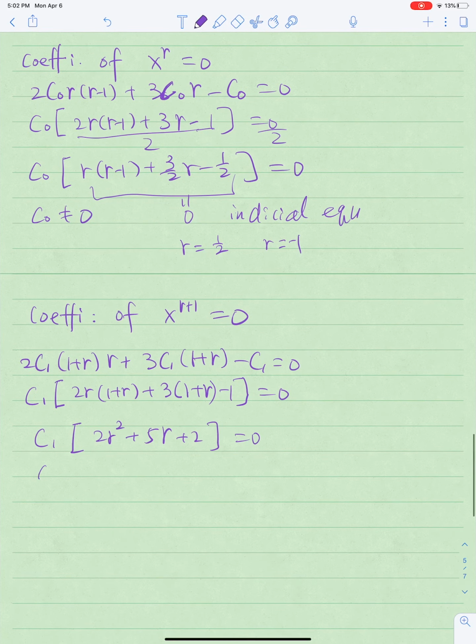This tells us C1 has to be 0, or this quadratic has to be 0. But we know the R1 and R2 we got, these are not the roots.